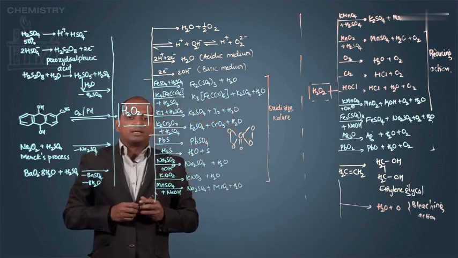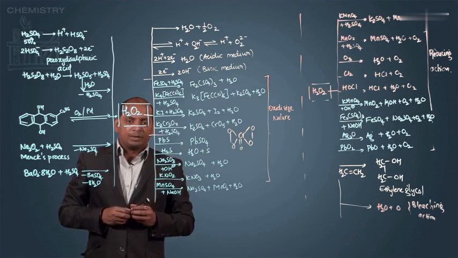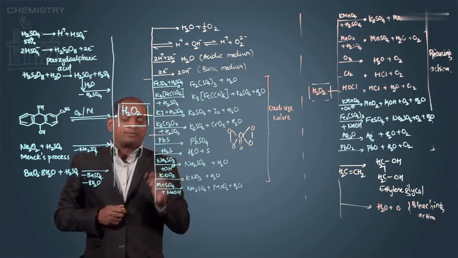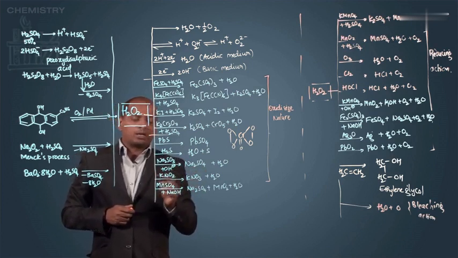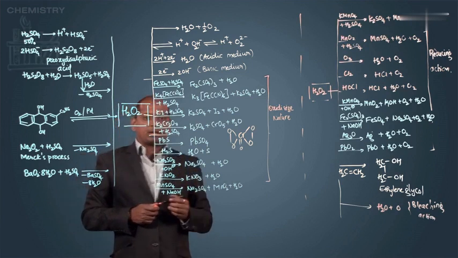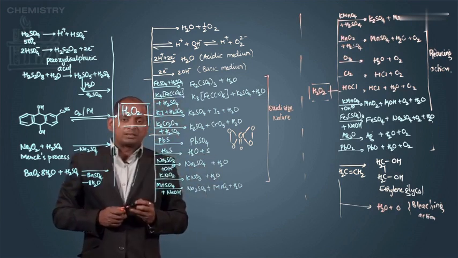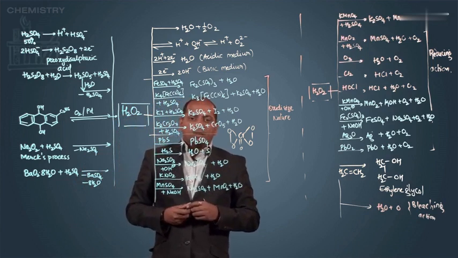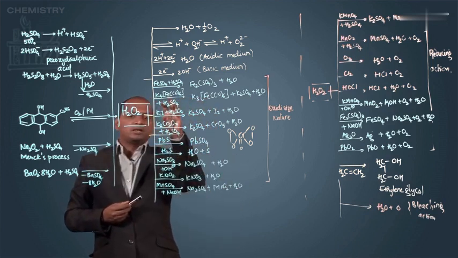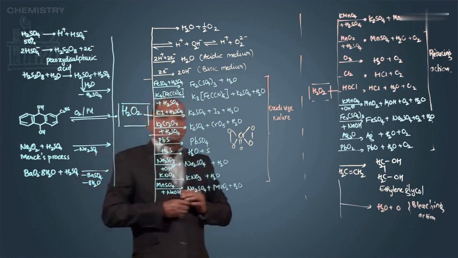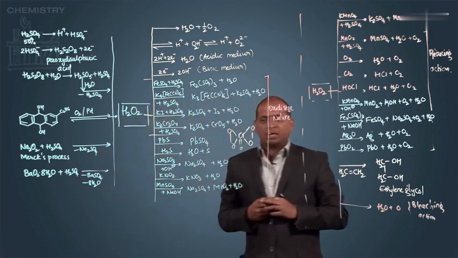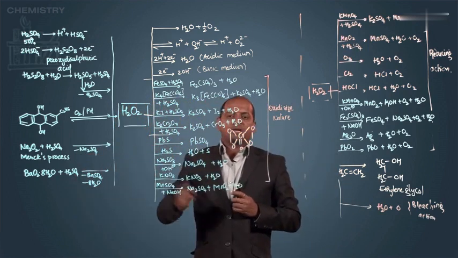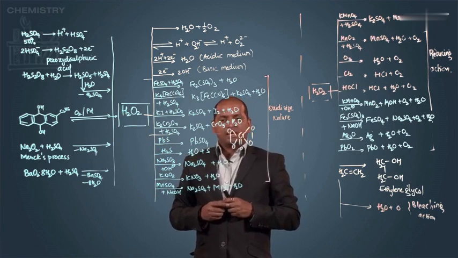From here onwards, the reactions involve alkaline medium, where sodium sulfide gives you sodium sulfate, potassium nitrite gives you potassium nitrate, and manganese sulfate gives you MnO2, manganese dioxide. In all the cases, if you observe carefully, even if the medium is changing, hydrogen peroxide acts as an oxidizing agent.